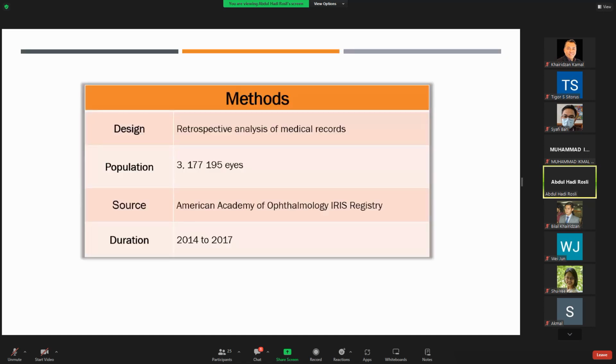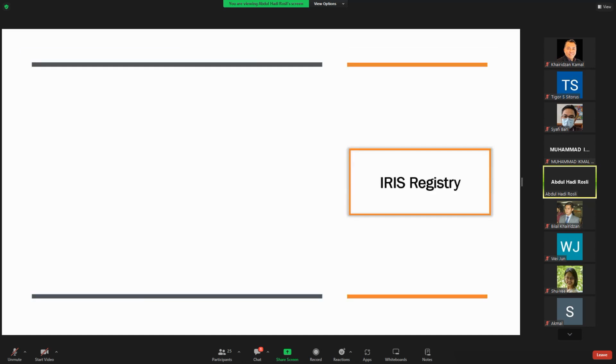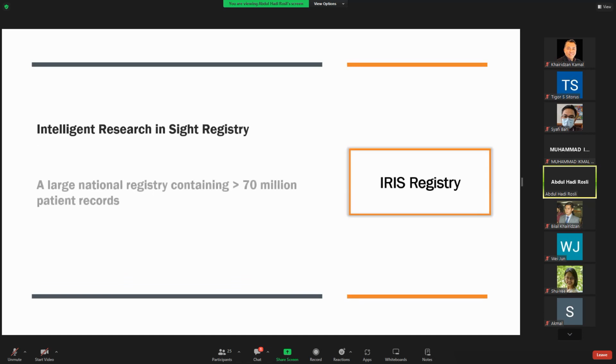Okay, the method of the study: this is a retrospective analysis of medical records. It involved 3,177,195 eyes from the IRIS registry, between 2014 and 2017. So what is IRIS? The IRIS registry stands for Intelligent Research in Sight Registry.